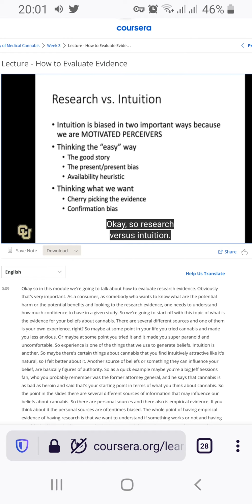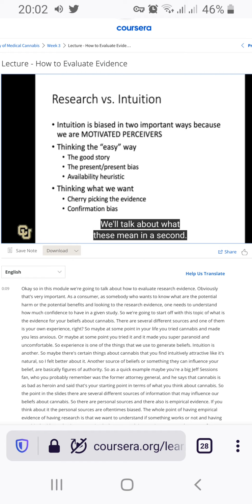So, okay, research versus intuition. Intuition is biased in two important ways, and what it comes down to is we are motivated perceivers. One of these types of bias is thinking the easy way, right? The good story, present bias, availability heuristic.